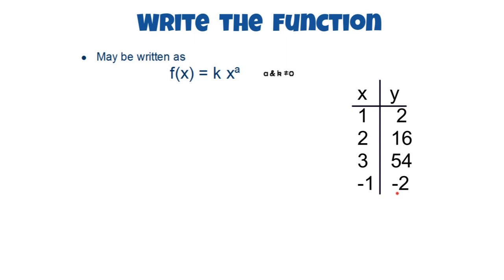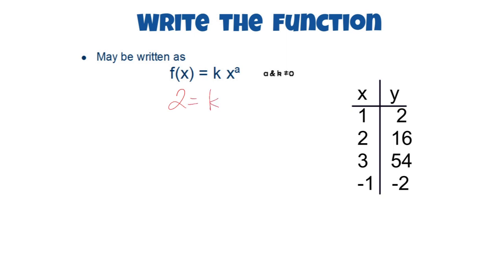And when I say we're going to plug them in, I really don't need this many. I guess I'm going to start with this because it seems like the simplest, right? If I put in a 1 for x and a 2 for y, my goal is to figure out this k and a value. So I'm going to put in a 2 for the y.